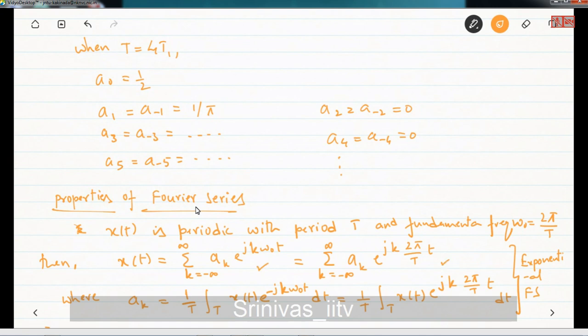We are following Oppenheim and Willsky. If you see other textbooks, say Simon Haykin, Barry Van Veen, or B. P. Lathi, you may find another notation. You may not find omega naught, but 2 pi by T instead. Anyway, these two expressions are called the exponential Fourier series.